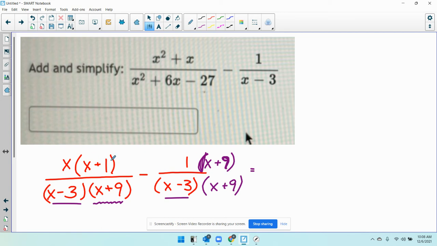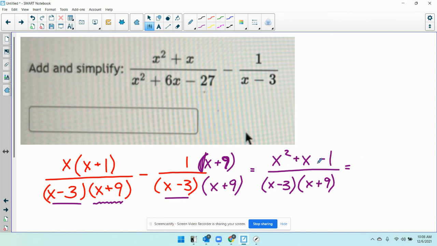So I'm just going to rewrite this again. But I'm going to multiply this back out because I think it'll be easier if I leave this as x squared plus x minus 1 on top. I just did the minus 1 over x minus 3, x plus 9. So you see now this is a little bit more complicated. So let's see, the top factors now, doesn't it? Does it?